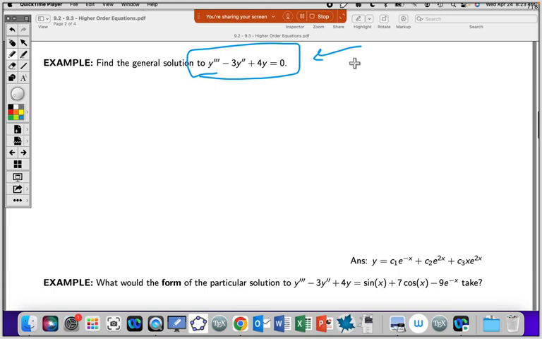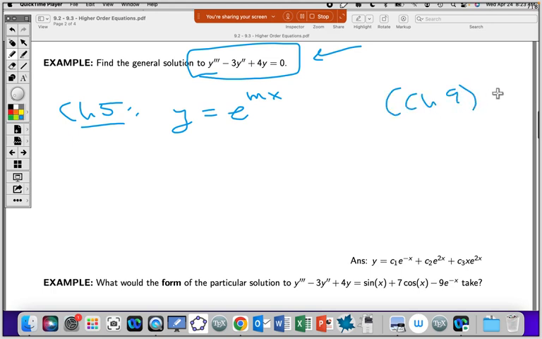So that means that when you take the derivative of these types of functions, you're not really getting qualitatively different functions. They're all going to be within the same family. And so just like we did in chapter 5, we're going to make the assumption that y equals e to the mx. So back in chapter 9, we're out of Laplace transforms now, where the default independent variable is t. We're back to x's.